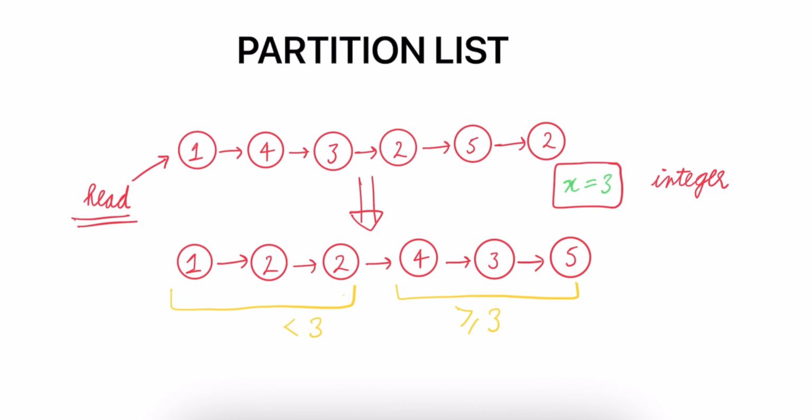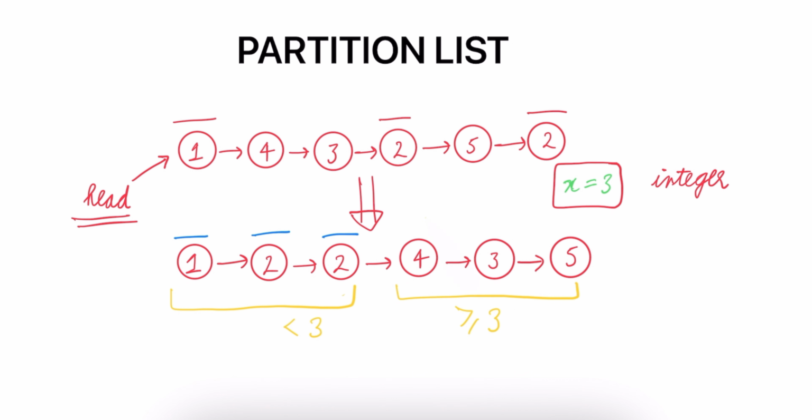What this means is, as you can see, node 1 is here, node 2 is here, and node 2 is here. So the ordering in the final linked list is the same as the ordering in the original one. Here as well we have the node with value 1, then the node with value 2, and the node with value 2, so the ordering is the same.